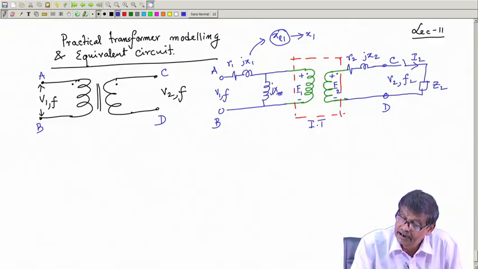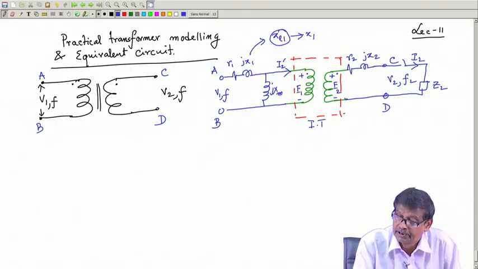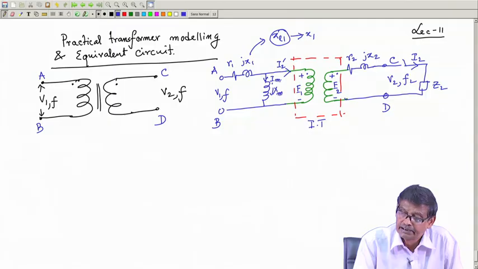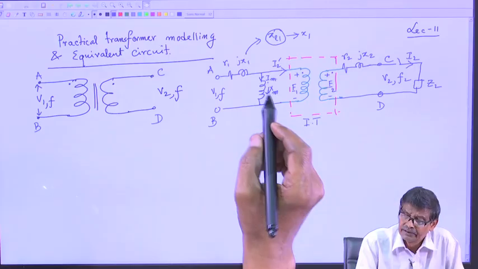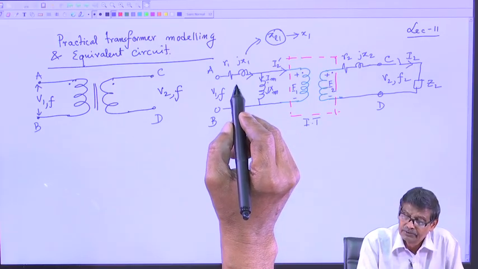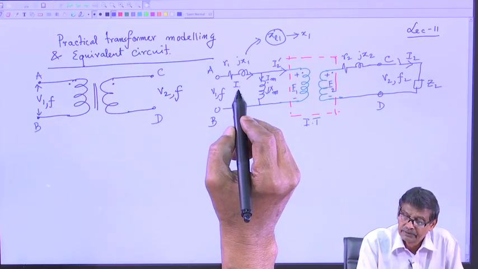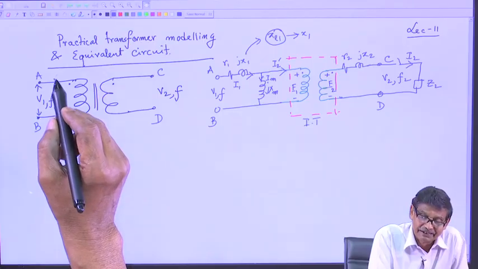If this ideal transformer carries current I2 coming out from the dot, then immediately on the primary of the ideal transformer I2 dash will come, and this is the magnetizing current Im. The magnetizing current is produced by E1, and then the total current will be this current.